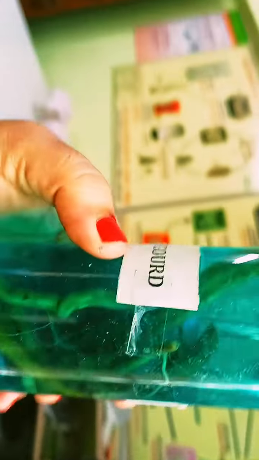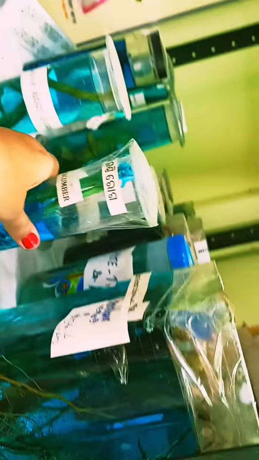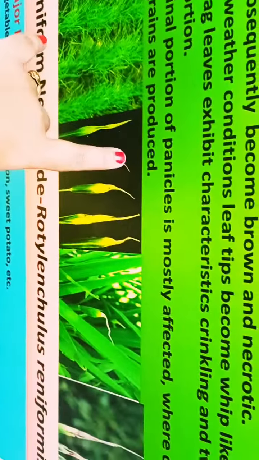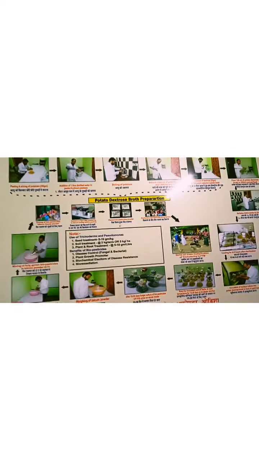This one is the root knot nematode symptom of ridge gourd root samples, which I collected from my native place and preserved out of my own interest. And that was of cucumber. And this one is white tip of rice, the symptom which is caused by Aphelenchoides, besides the nematode. Likewise, this is the root knot symptom of cowpea you have seen.